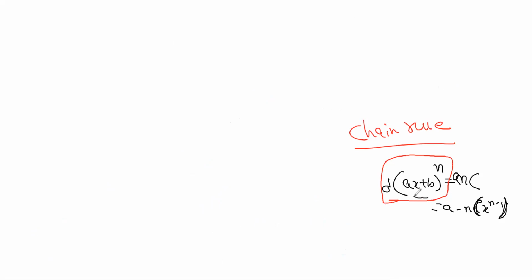Here ax plus b is one total function, and the total function is to the power n, right? So what will it be?